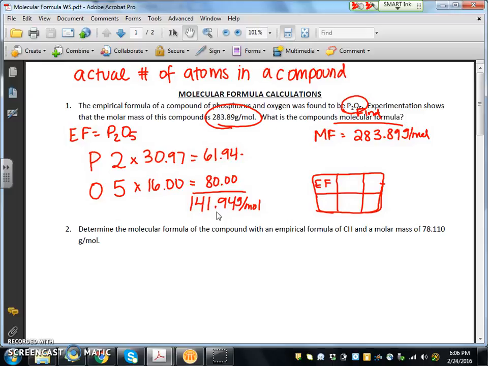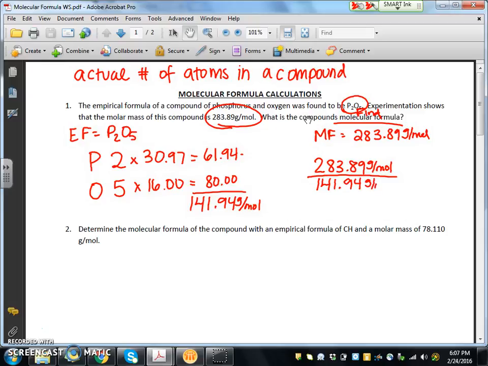141.94 grams. Now this is not equal to my molecular formula's mass. This tells me that I have to have more than one puzzle piece in my puzzle, or more than one of my empirical formulas. So to determine exactly how many I have, I'm going to take the molar mass of my compound, 283.89 grams per mole, and I'm going to divide it by my molar mass of my empirical formula.